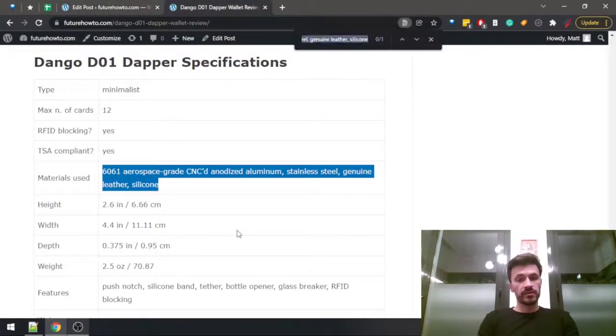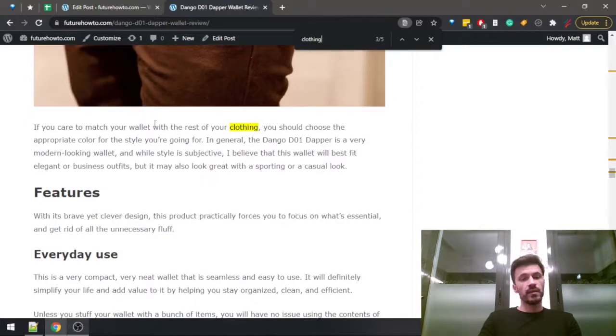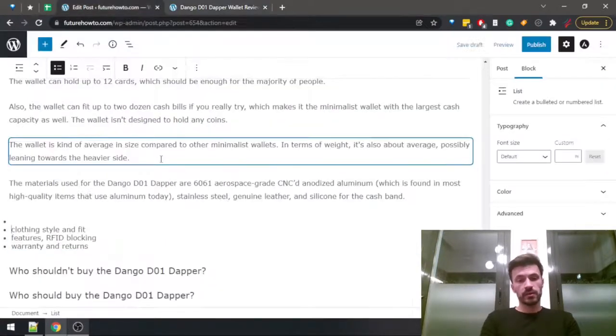Clothing style and fit. Modern looking, elegant, business. Okay.